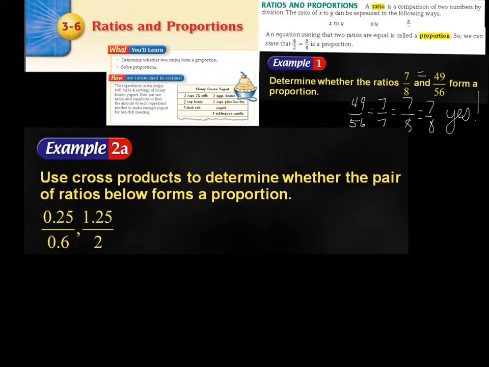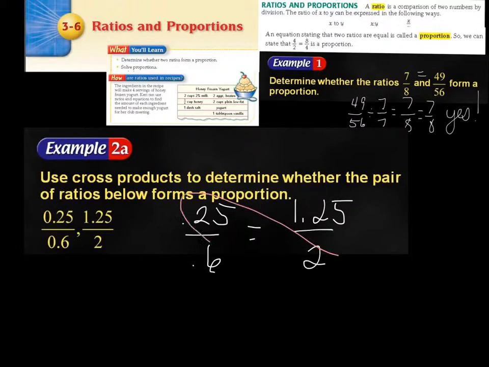The second way we can check if two ratios form a proportion is by using cross products. So we could write 0.25 over 0.6 equals 1.25 over 2, we hope. When we do cross products, we take numerator times denominator, and we hope it equals numerator times denominator.